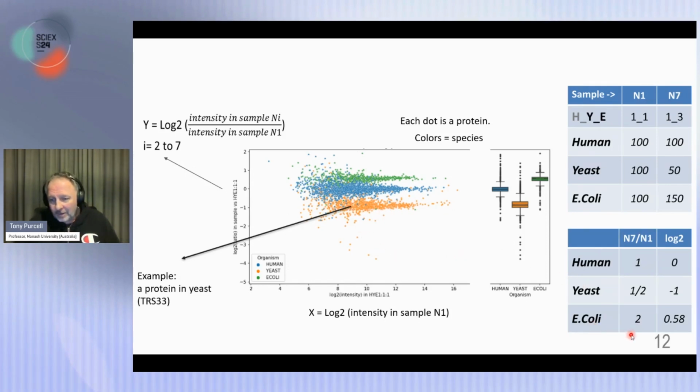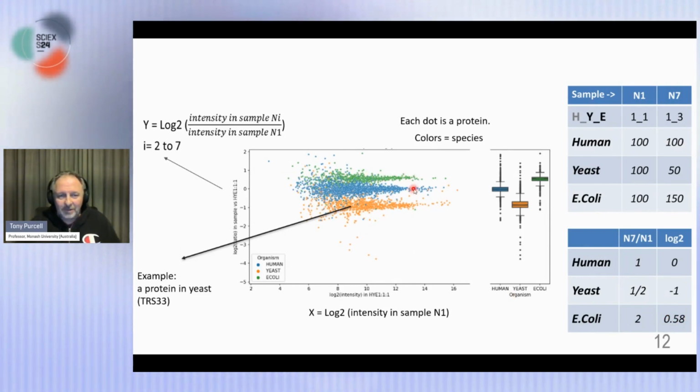And E. coli, which has more, the log2 value should be around 0.6, which is precisely what we're seeing here. So we're able to get a good idea about the specificity and quantitation and the accuracy of what we can do in these types of experiments.